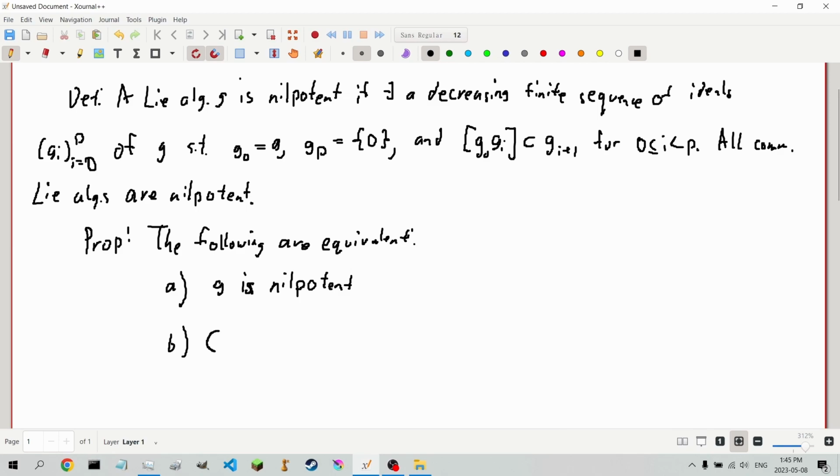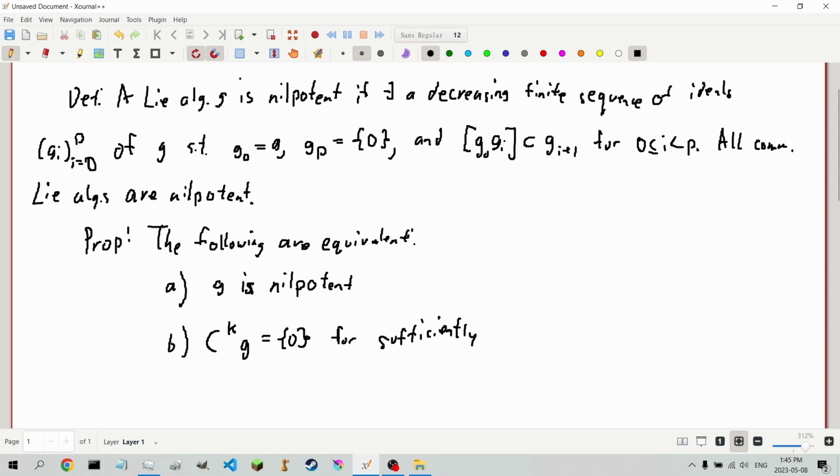For now, bear with me. So C^k of G is 0 for sufficiently large k.